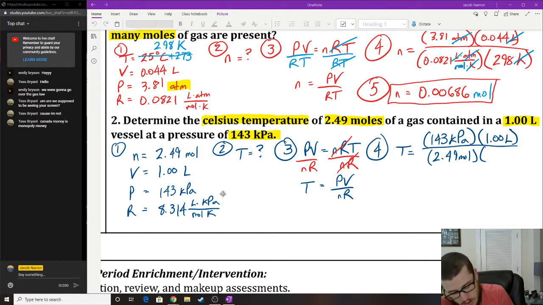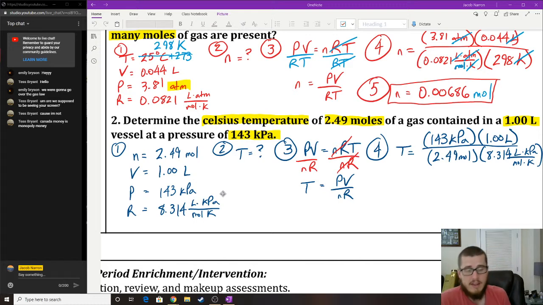And R, which in this problem is 8.314. And it has a bunch of units, which we do need. I'm going to go ahead and write them all out: kPa over moles times Kelvin. There we go. There's all the units.